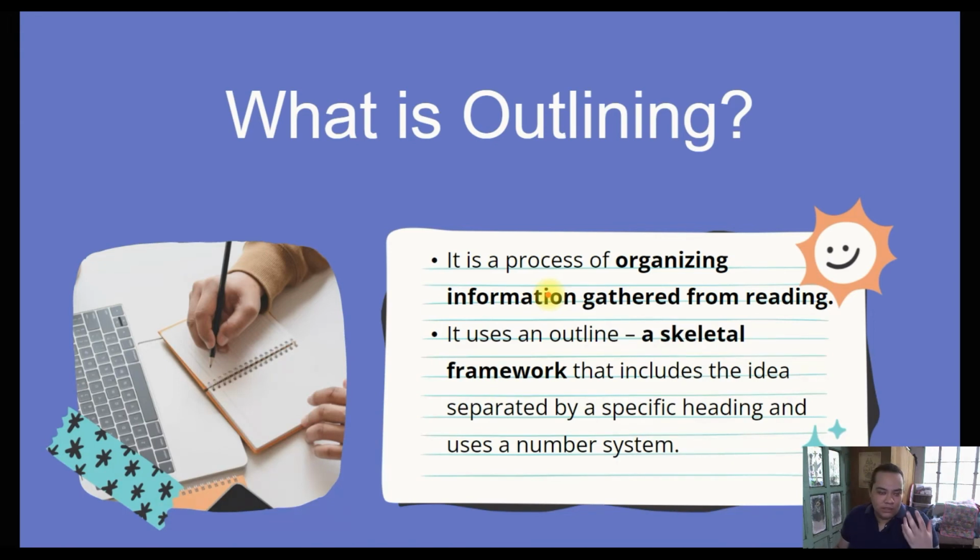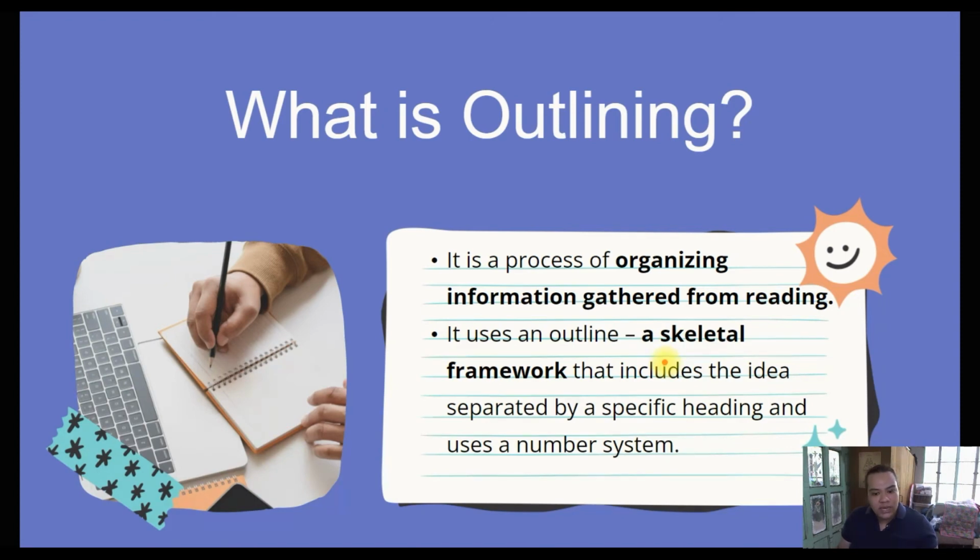Now, in organizing that information, you are not writing it in paragraph form, as I said before, because you are using an outline. Please remember that when it ends in -ing, that is the process. But if it ends in -ine, that is the tool or the product. Okay, outlining is the process, outline is the product.